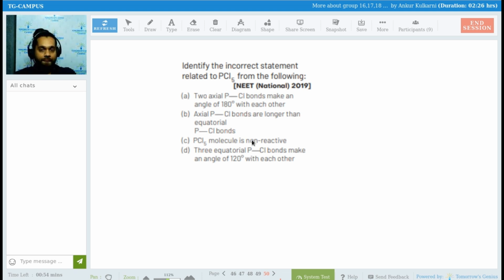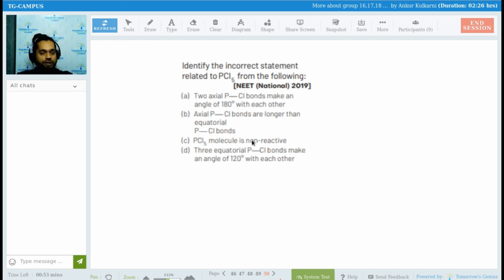PCl5. First tell me what will be the geometry, what will be the shape. Then check the option. First you have to find out the shape of the molecule, then you have to look at the options.